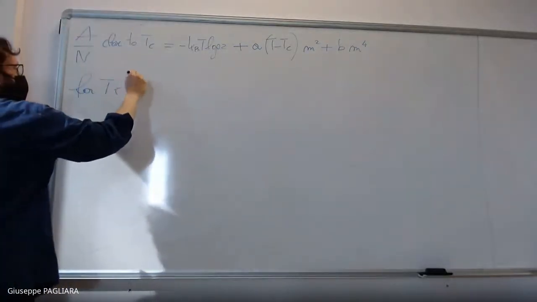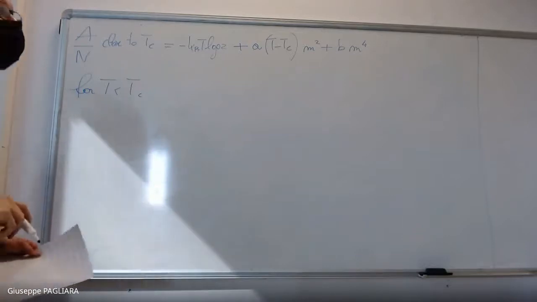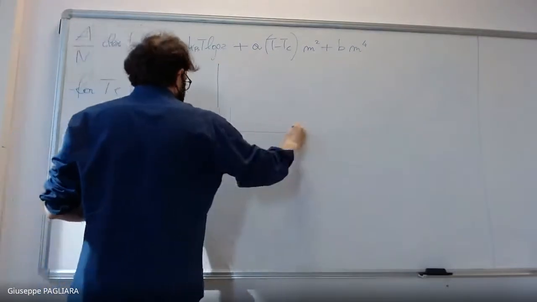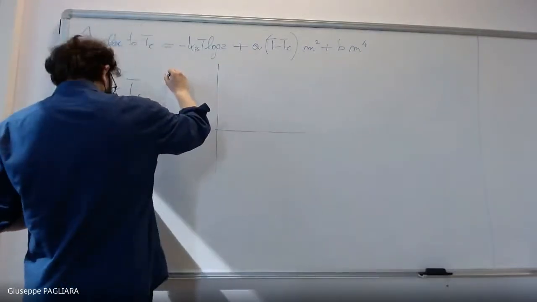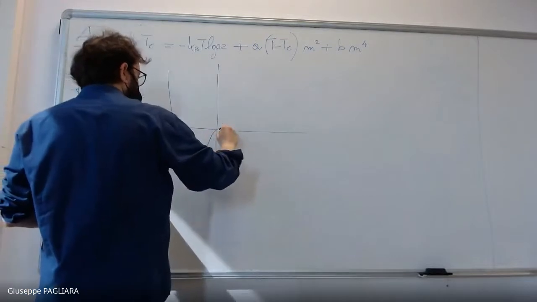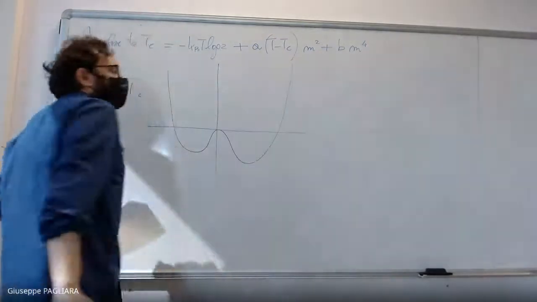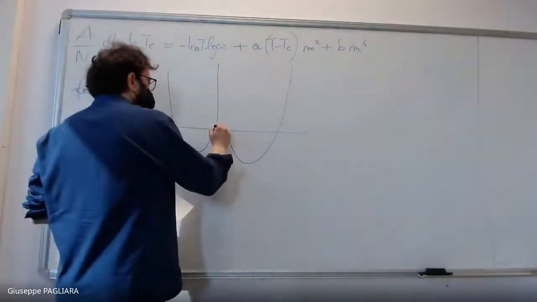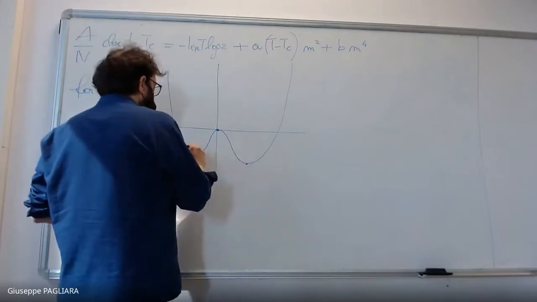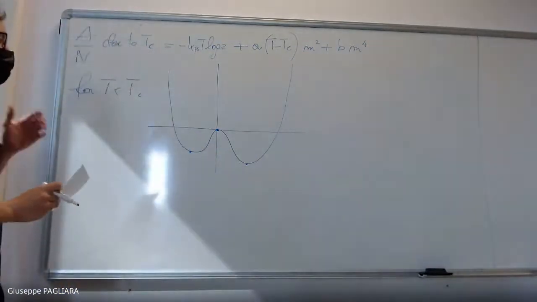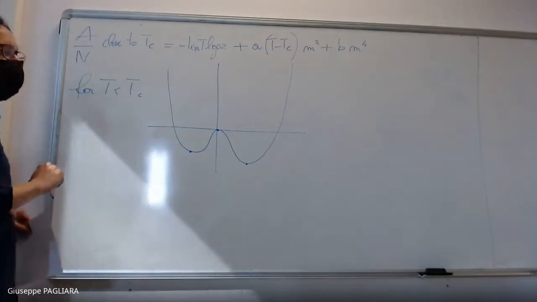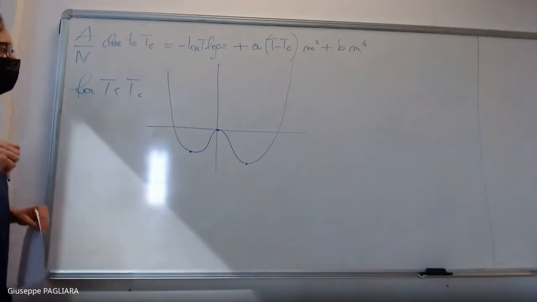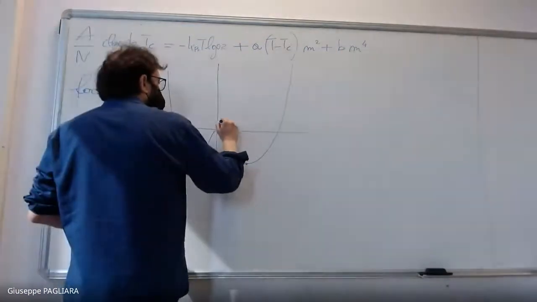For T smaller than Tc, you will get a plot like this one, where you see that there are 3 points for which the derivative of A with respect to m is equal to 0. So there are extrema for m.